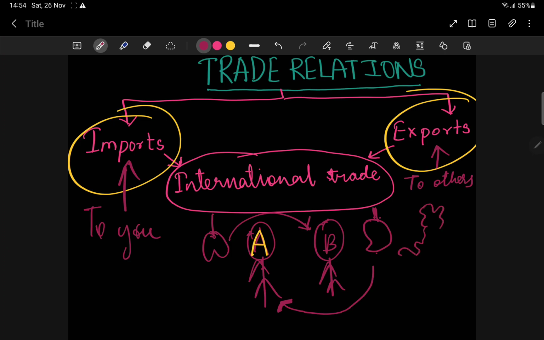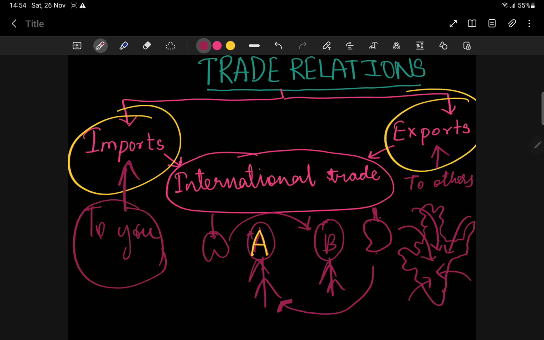For example, just take it roughly, children. Let us suppose this is the Indian subcontinent, though it does not look like one, but let's just suppose this is India. Whatever things we are getting from other countries into India, all those products are known as imports.